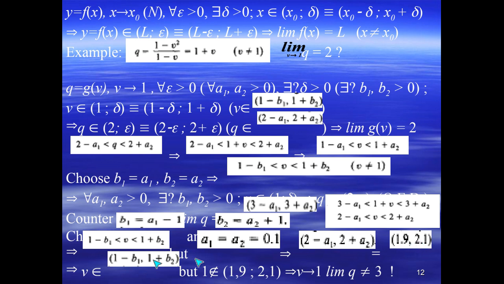But just note that 1 does not belong to this interval. 1 is outside the interval 1.9, 2.1. So when v goes to 1, the limit of q cannot be equal to 3. You see, v or x doesn't remain in this interval. So this is a counterexample, you see.